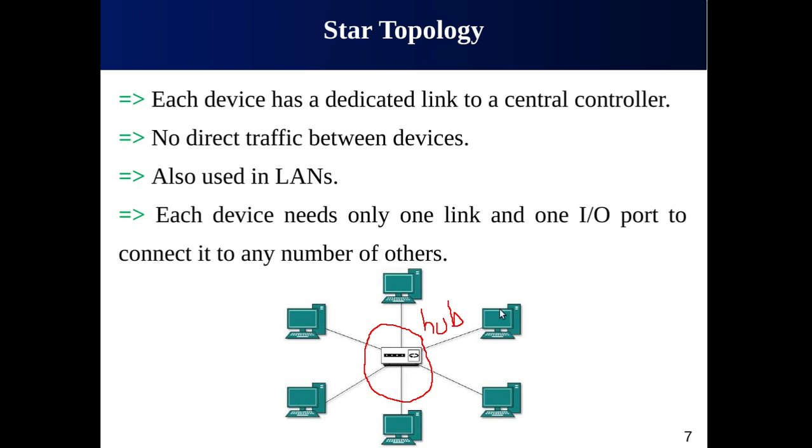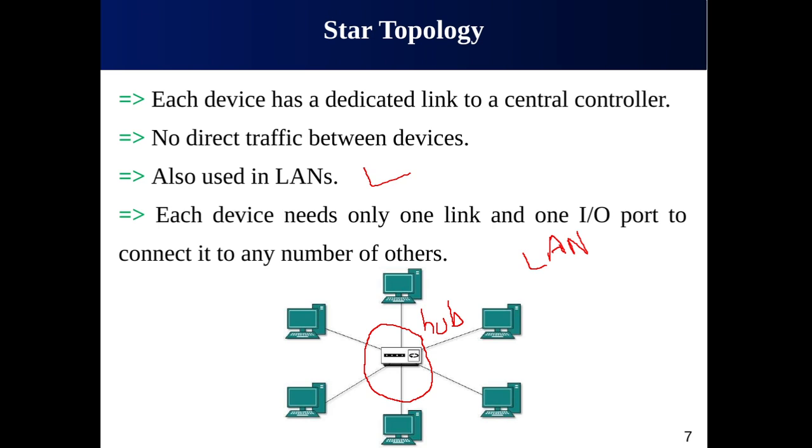And this is another common, traditional topology that is also used in local area networks. Like the bus topology, it is also used inside the LAN. And like the bus topology, a star topology is also easy to install.